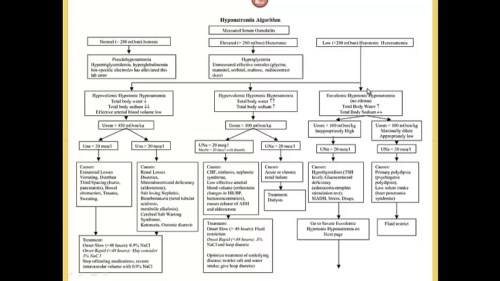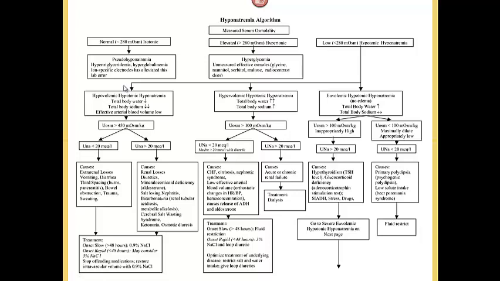The next step is to know your BUN. We'll discuss in detail later what BUN is, but remember, BUN is blood urea nitrogen, and it basically helps determine the volume status of the patient. So these three areas will determine the volume status of the patient.